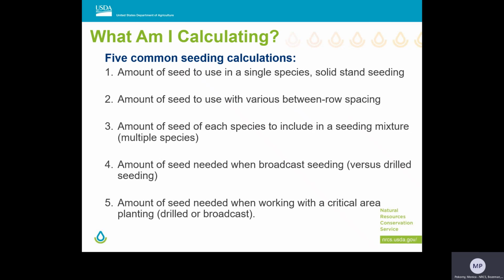In the third example, we're going to talk about and show examples of using a mix that has multiple species and how you would calculate how much of each of those species you're going to need in the mix. The fourth example is what you need to adjust when you're doing a broadcast seeding. And the fifth calculation is going to be examples of calculations for a critical area planting.